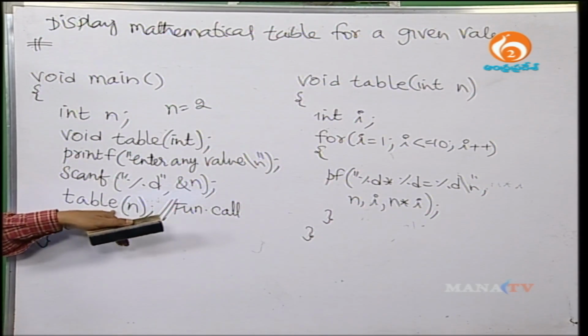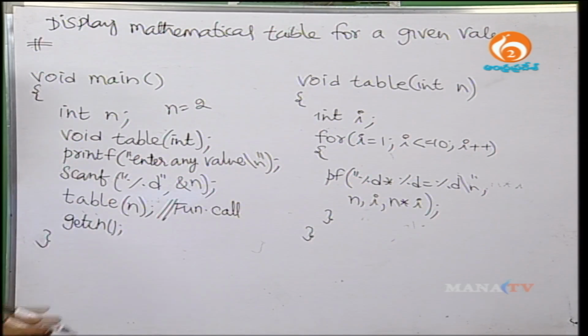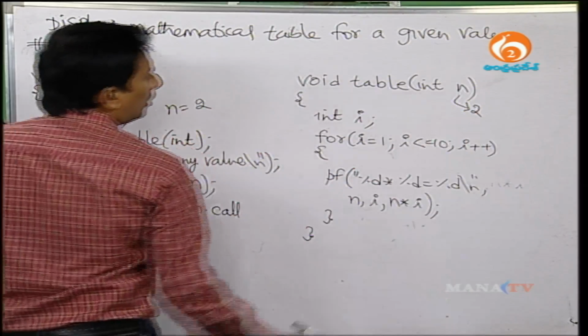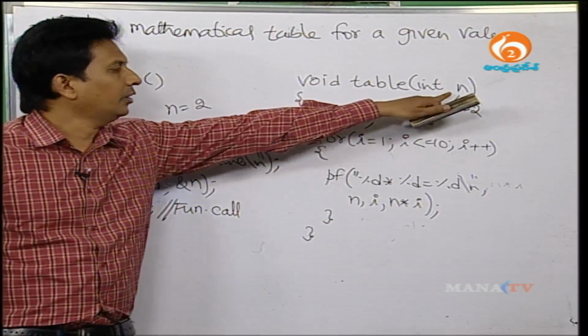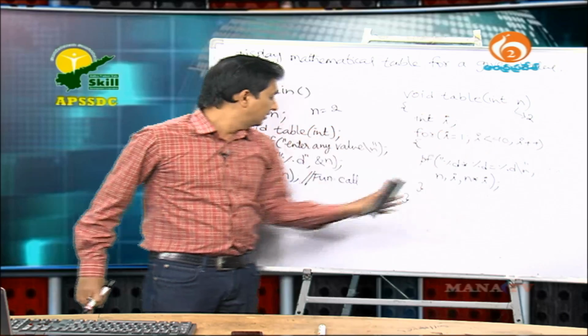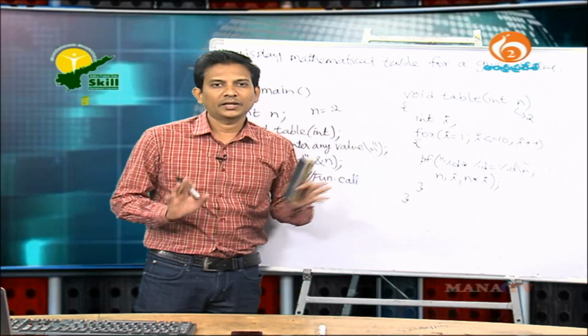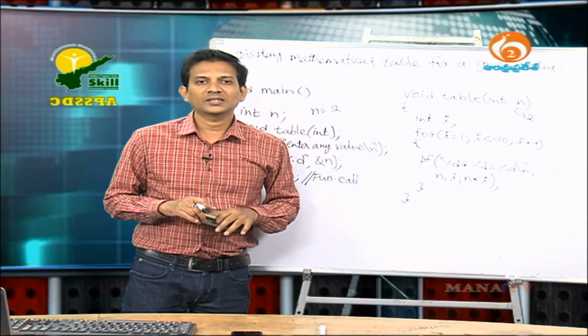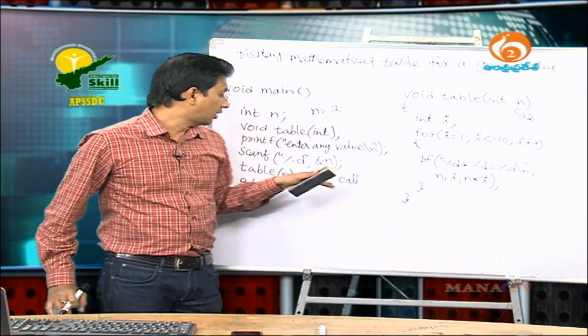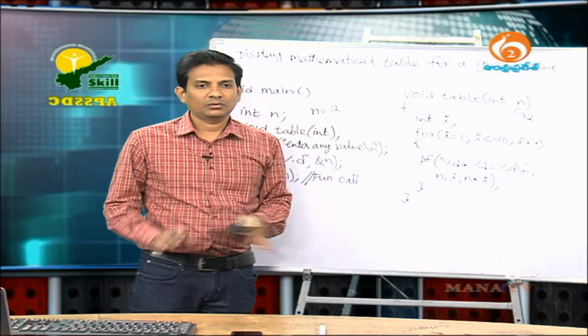So whenever this function is called, this value is copied to here. Instead of n you can write any value, any variable name. This n and this n are different, memory locations are different. Don't think that we have to write the same variable name.